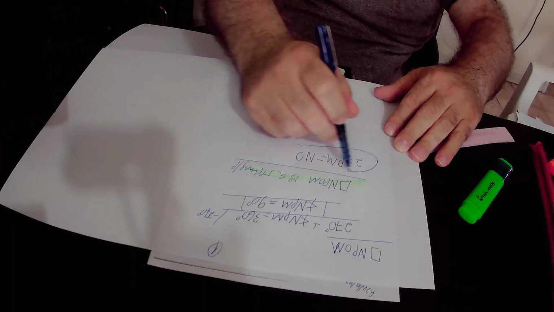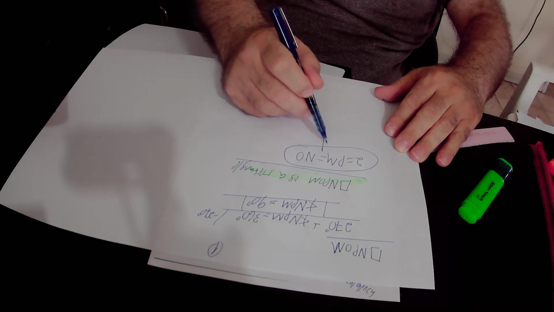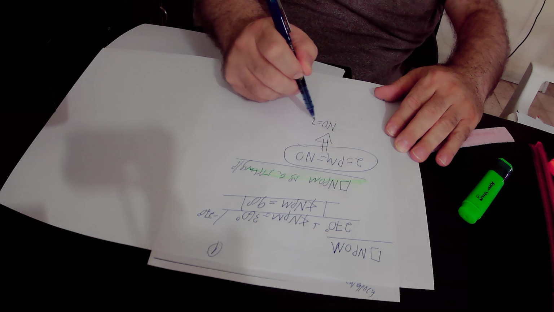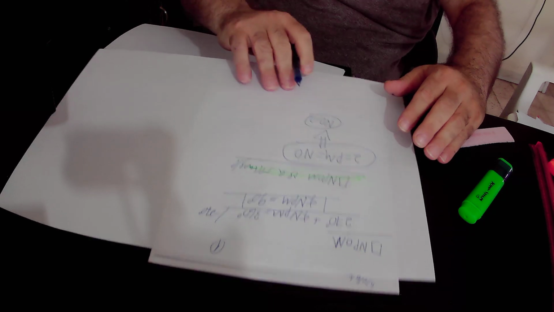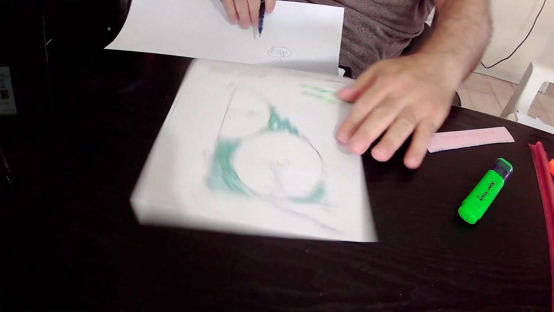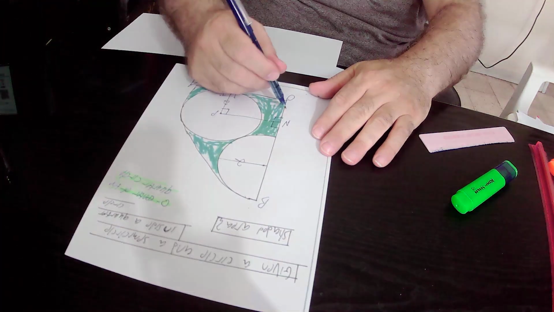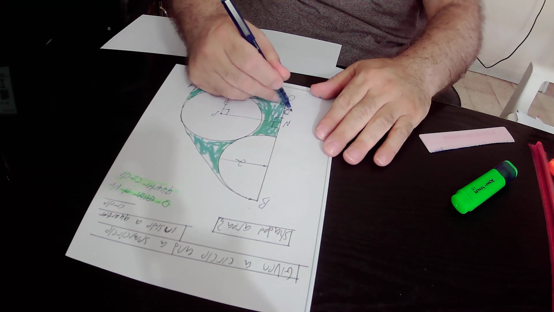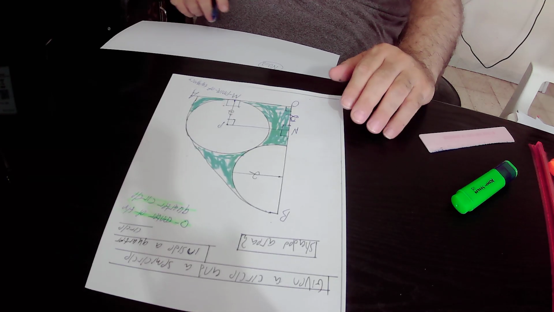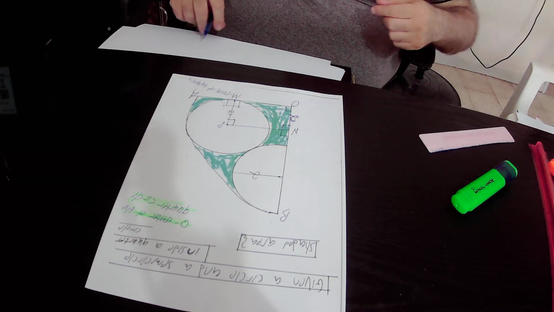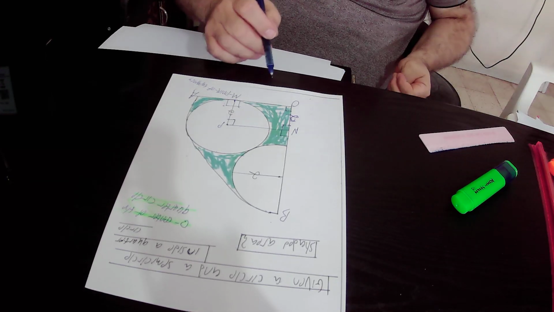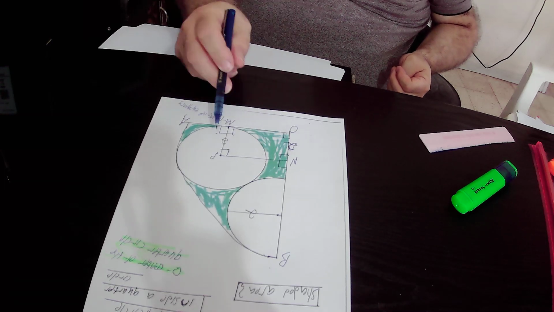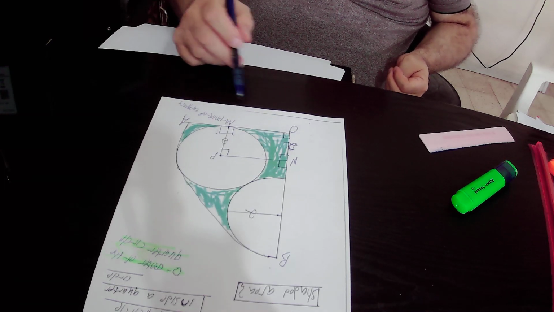And from this equation, 2 equals PM equals NO, we will derive that NO is also equal to 2 units. So we can write here that NO equals 2 units. Likewise, according to the same rule that the opposite sides of a rectangle are equal to each other, side NP must be equal to side OM.